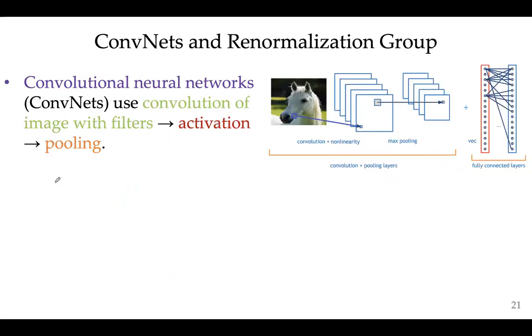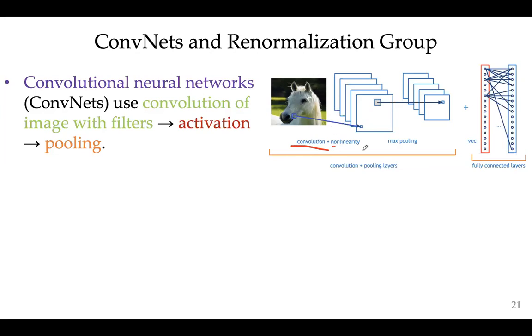So let's move to convolutional nets and the physics concept of the renormalization group. Convolutional neural nets are used to classify images. First, there is this convolution layer, which basically calculates the convolution of certain filters and the original image.